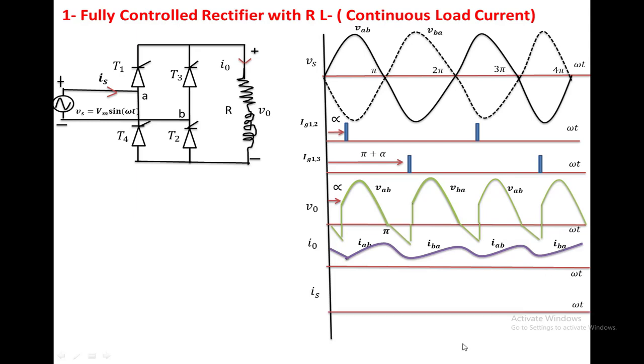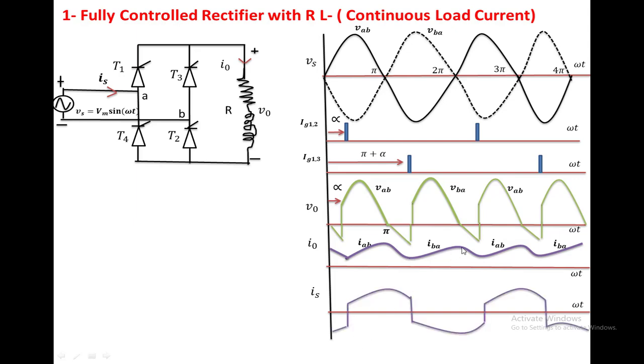If we draw the source current waveform, consider how much current is passing at this point. When T1, T2 is on, the source current is equal to the load current, which is positive. From alpha to pi plus alpha, T1, T2 is conducting, so you take the same waveform and draw it here. That is positive.